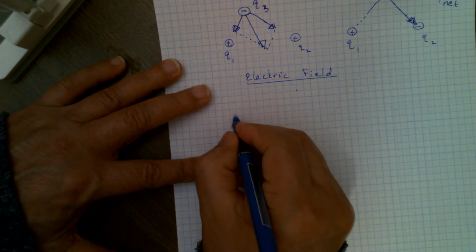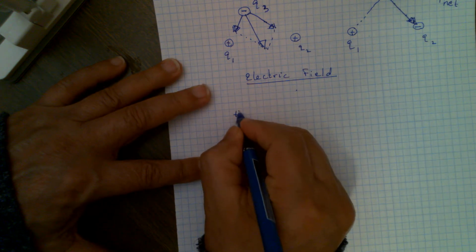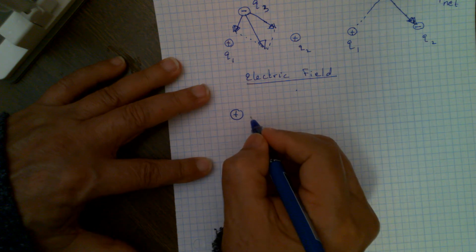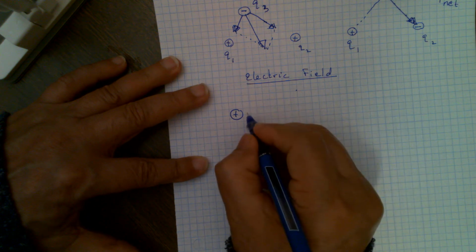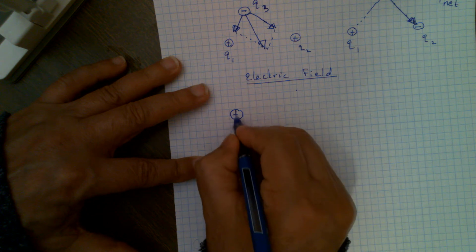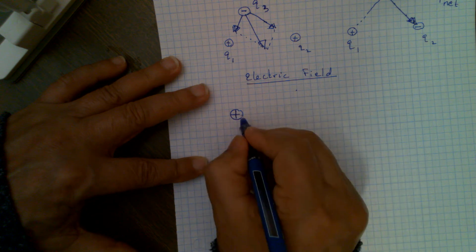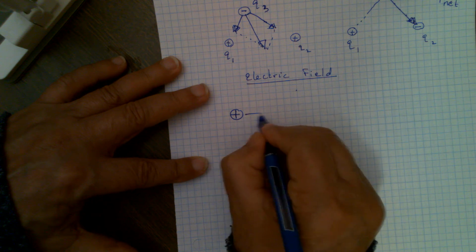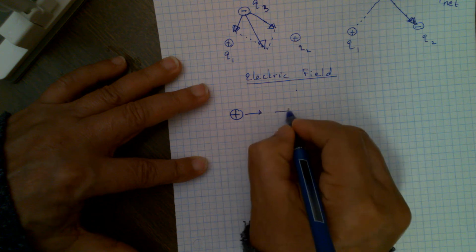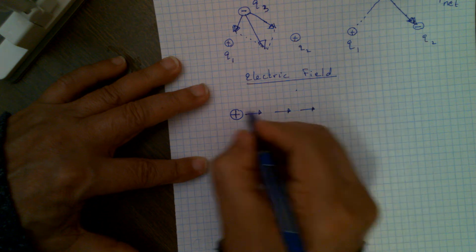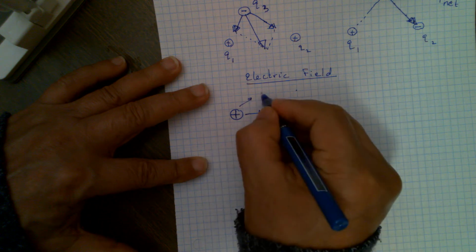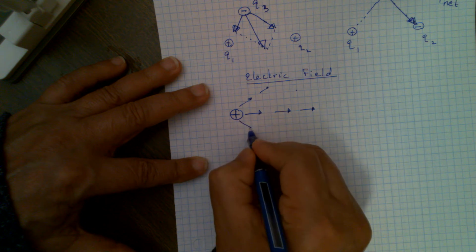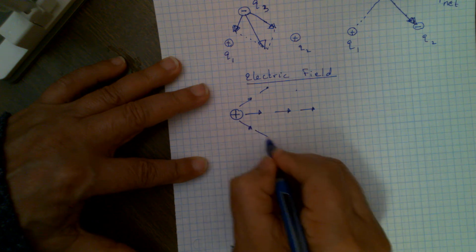And the idea is this. If you have a positive charge, then there is something called electric field emanating from this positive charge in all directions, radially outwards. So for a positive charge, electric field is outwards, right? I'm not going to draw all, but actually it's going out in all directions.